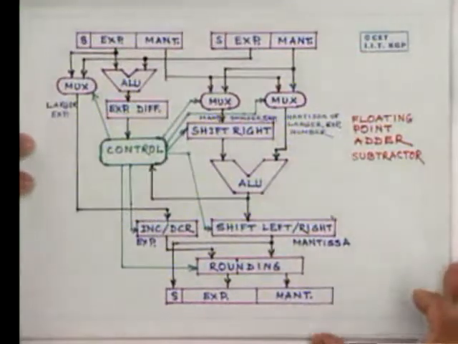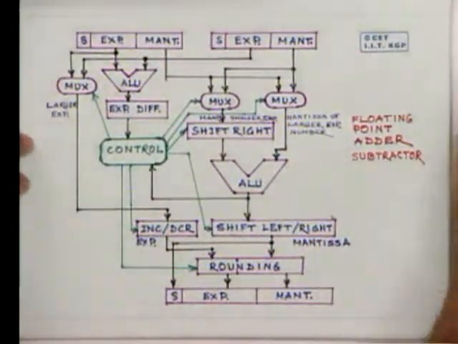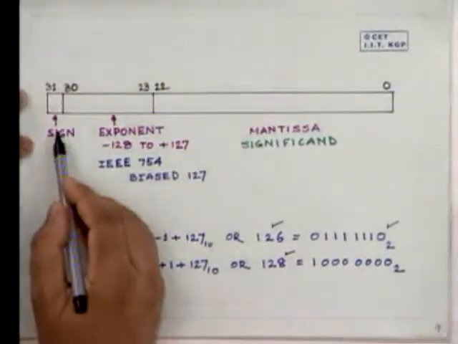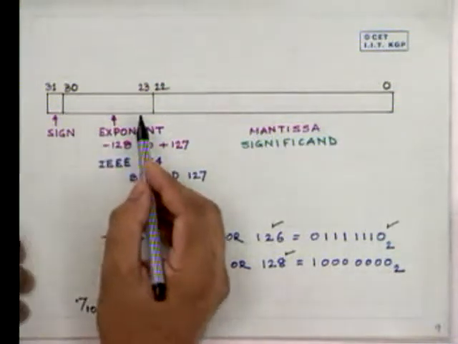Now here you see that we have represented the numbers in a sign magnitude form. Say this is our sign bit, this is the exponent.